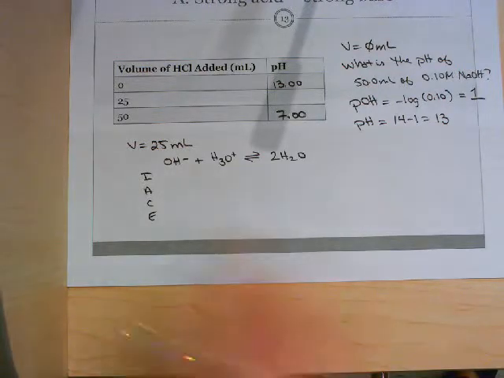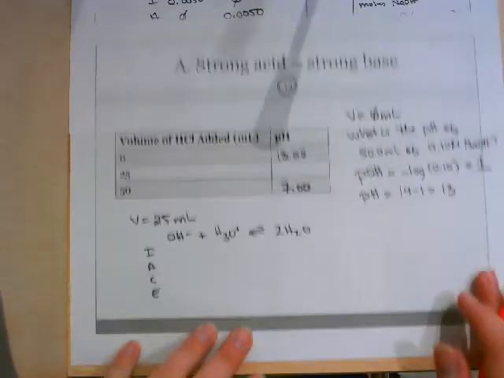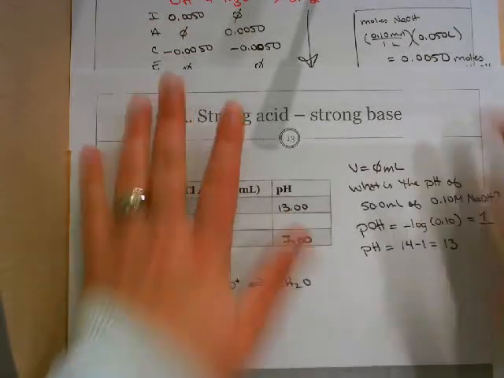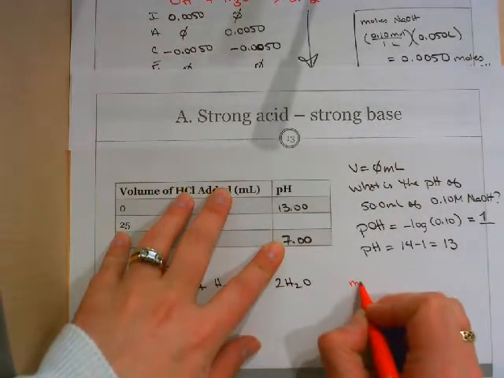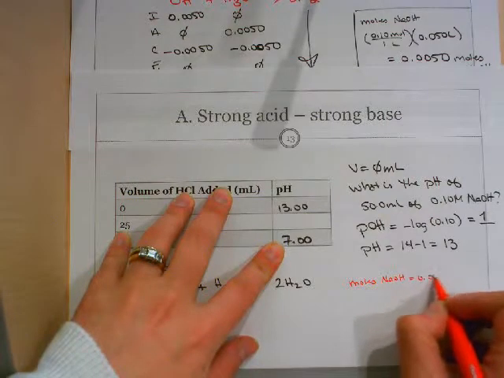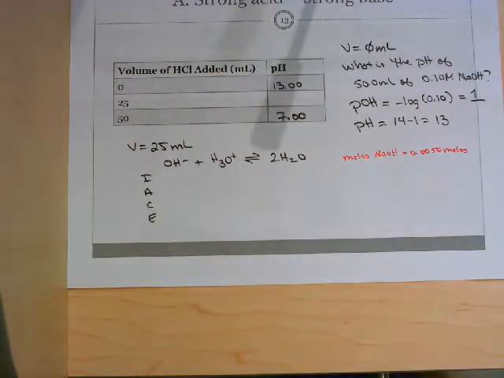So in order to fill this in, now I have to find the moles of everything. So we already had moles of sodium hydroxide. We found that on Wednesday. It hasn't changed. I wrote that really tiny. Sorry, guys.